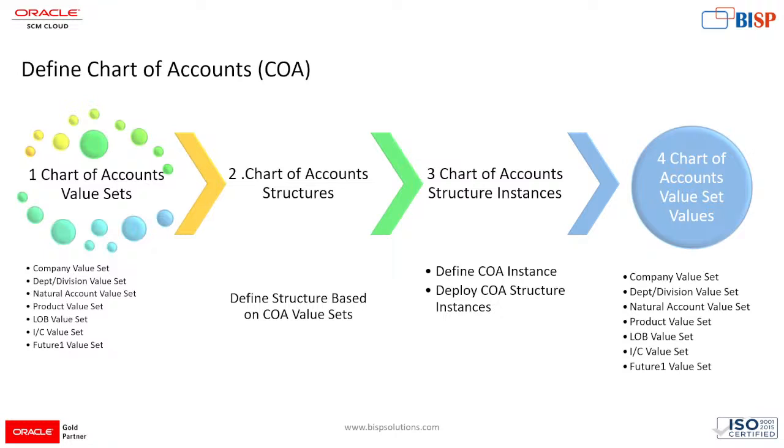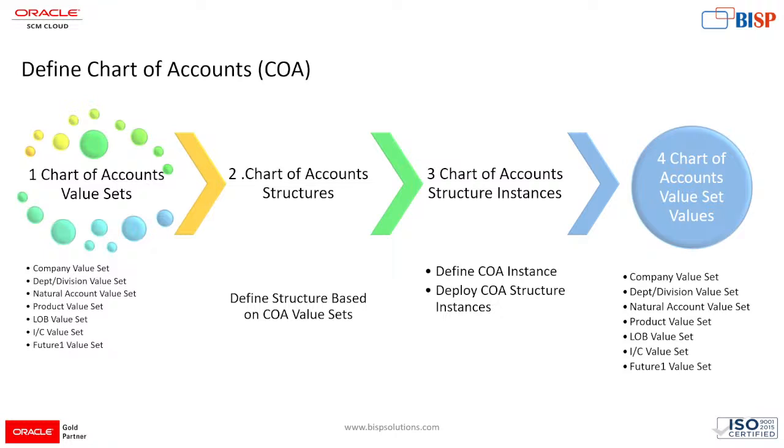Furthermore, each structure can have multiple segments and instances, with each instance sharing the same segment number and order, but potentially differing in the values and value sets used in validating the segments.